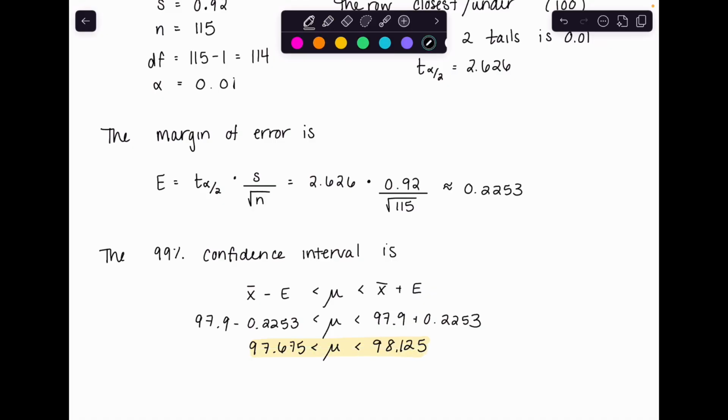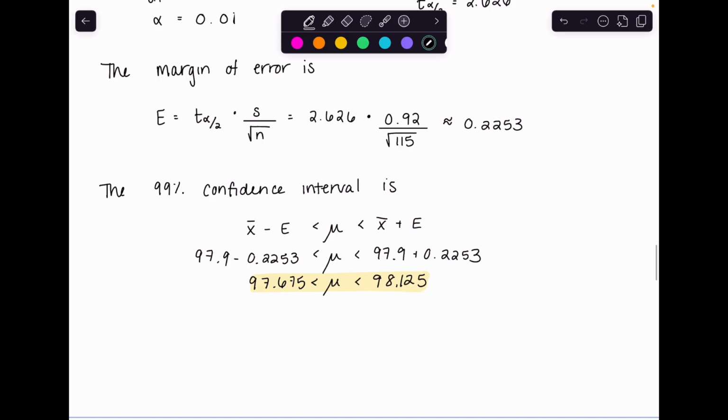And again, another way you can also represent this, because this is what you'll see a lot of times in papers, is that your true population mean is the sample mean plus or minus that margin of error. So it'll be clear what you need to do when you're in an online homework platform.